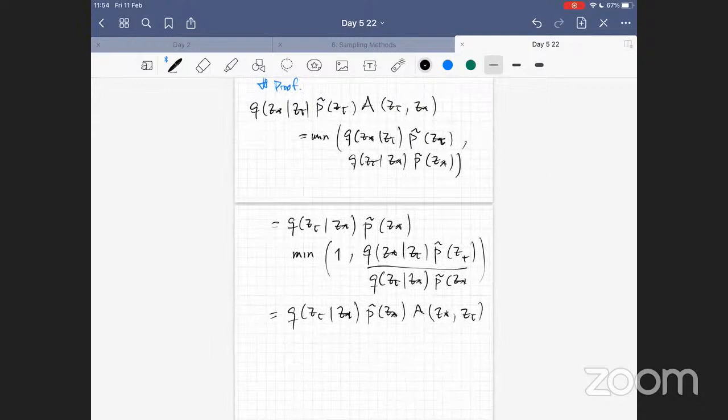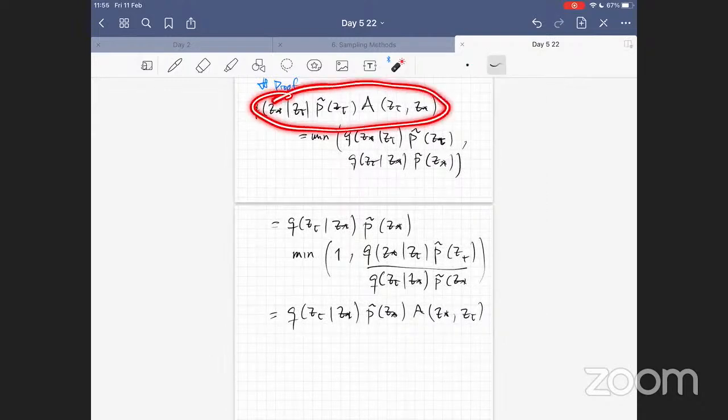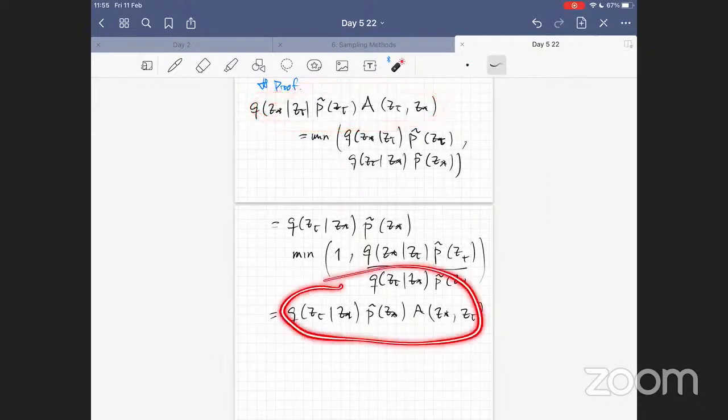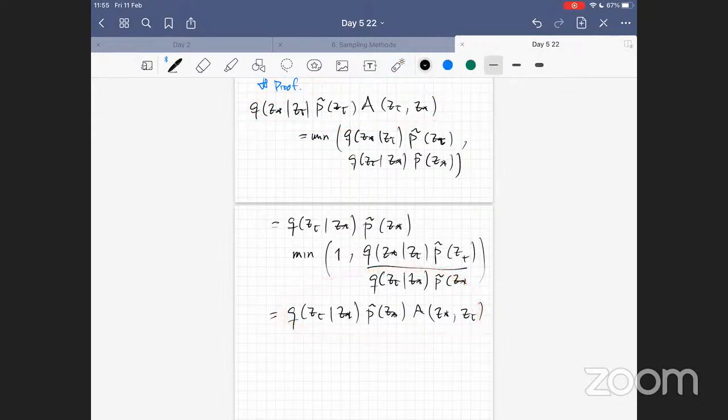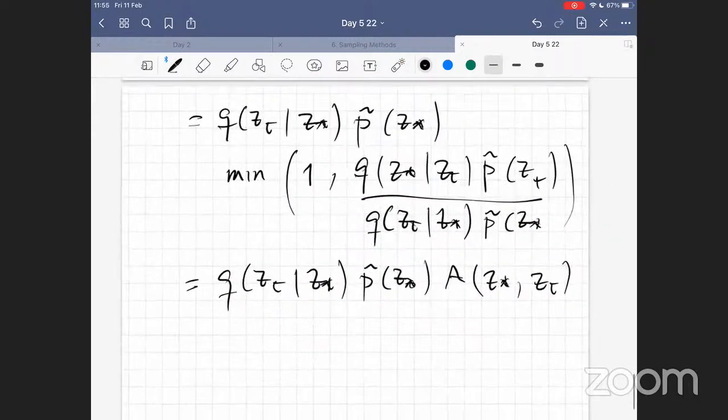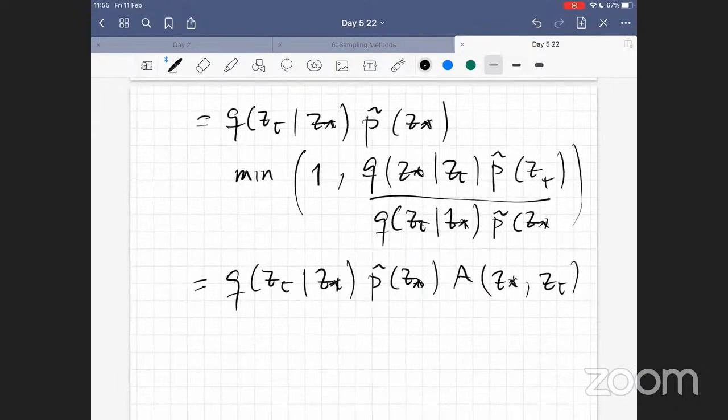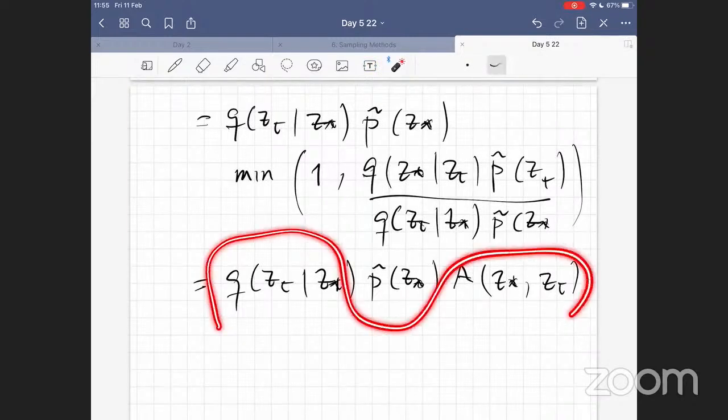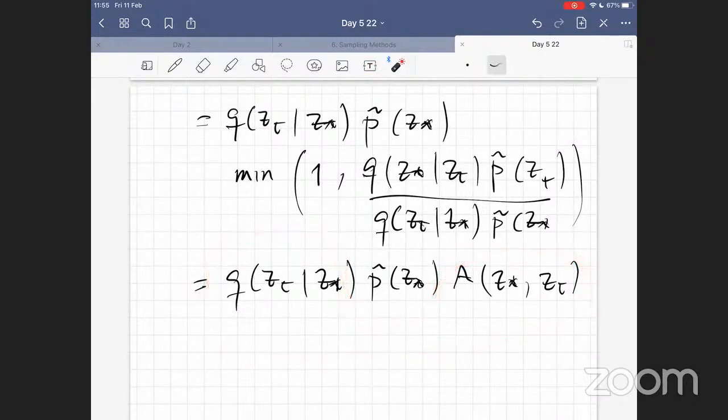So I have started from this and I have got this. But you know that this times this is a transition probability. It's this T that I introduced before.